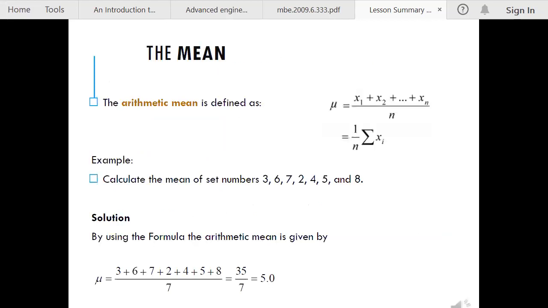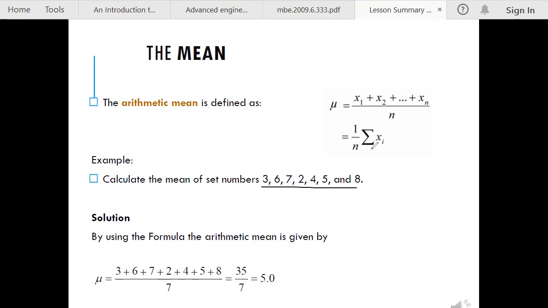And I recall very much we looked at how to find the mean for ungrouped data. So for example, if we're given this data set here, which is ungrouped, 3, 6, 7, 2, 4, 5, and 8, and you're asked to find the mean. The formula is just to sum.